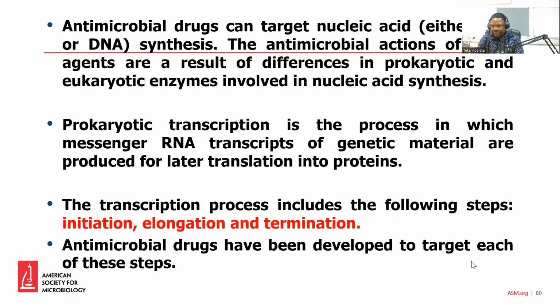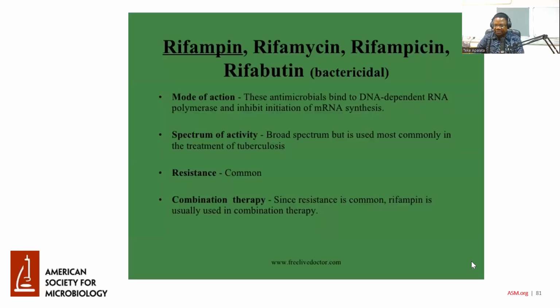That's the transcription step. The transcription process includes your initiation, elongation, and termination phases. So antimicrobial drugs have been developed to target all these steps, whether they target the initiation phase, the elongation phase, or the termination phase. So they act at different levels.